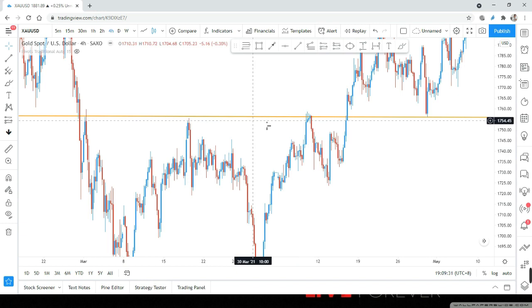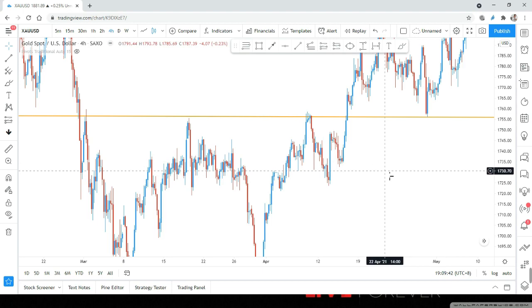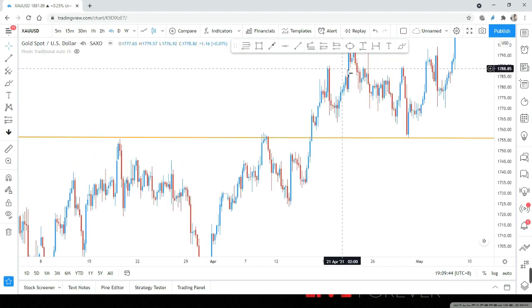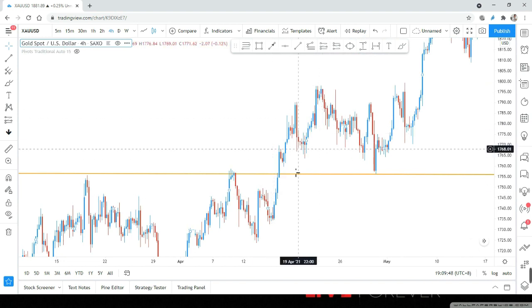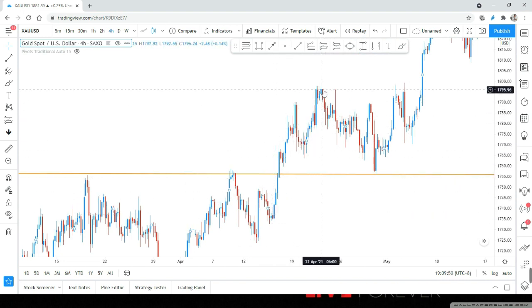So for me, this is not considered a break. This might be a fake up or fake break. So I need the price to come back and then break it nicely. This is one of the reasons I will consider doing buy trades only, right?